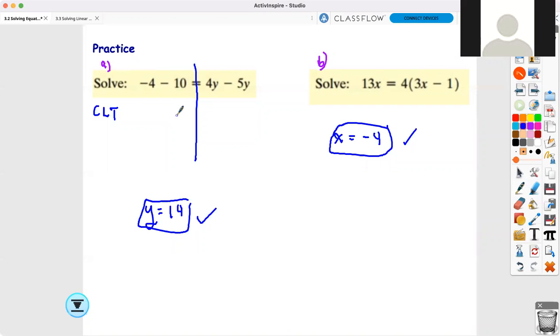I'd gotten +6. If you owe the bank $4 and you spend 10 more, you have $6. Isn't it -6?